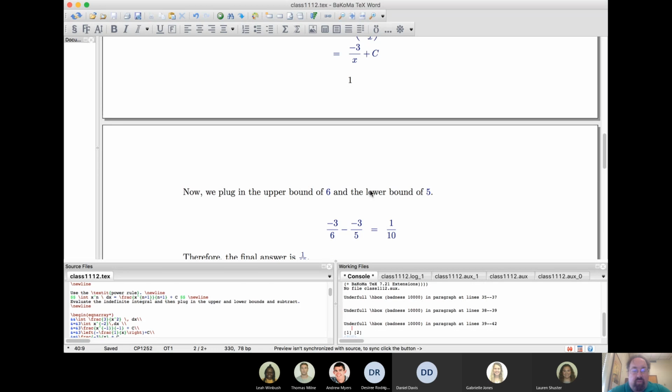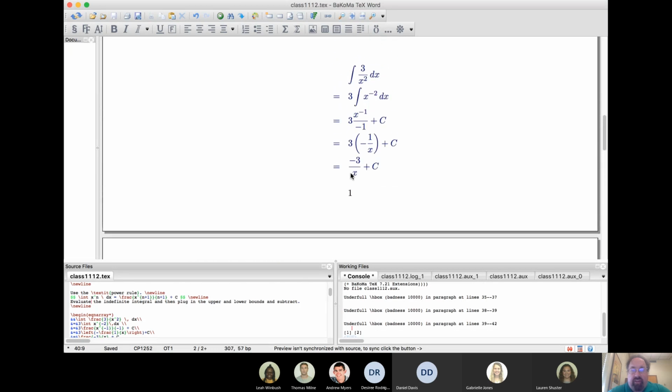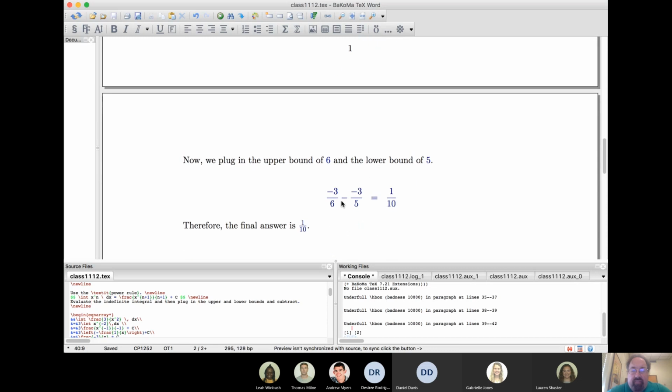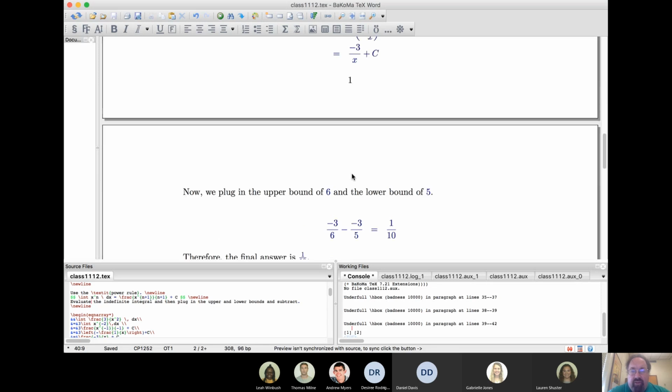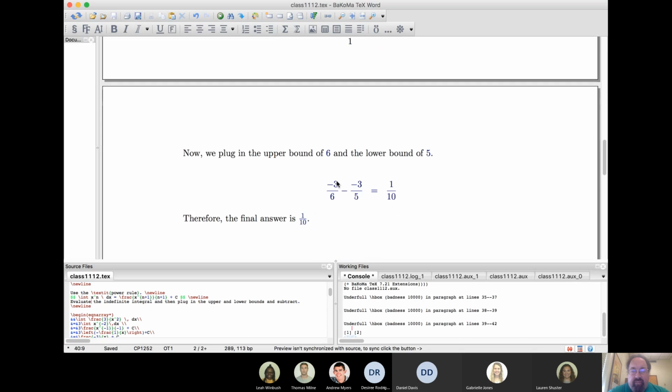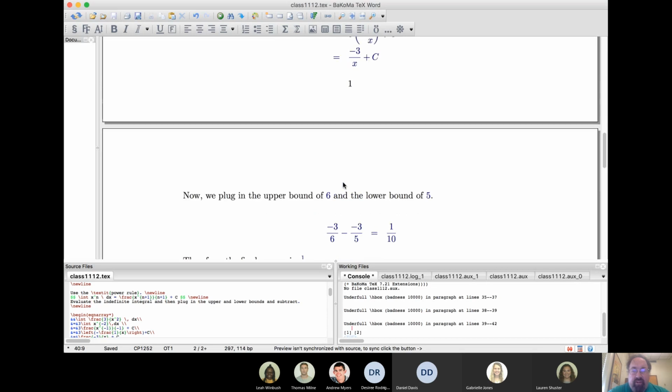When you are doing definite integrals, you actually do not need the plus c. So from this point, you can ignore the plus c. Why? Because suppose I included the plus c here and here. We're subtracting, so they'll cancel each other out. So you just focus on the function part of the antiderivative and plug in the limits. So minus 3 over 6.